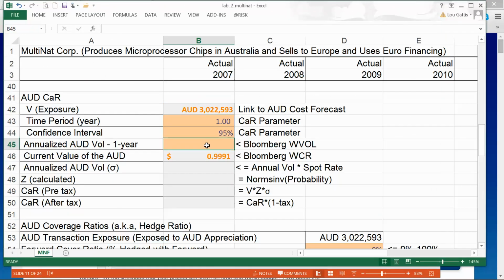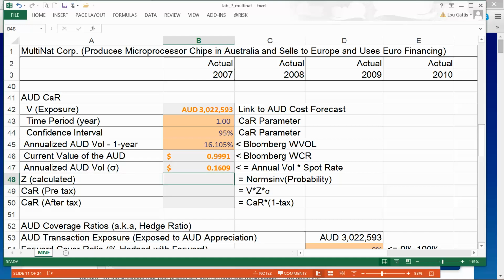So I'm going to plug that in, 0.16105. So if the volatility of the Australian dollar is 16% and the exchange rate is 99 cents, I can just take 16% of 99 cents and see that the annualized volatility of the Australian dollar is 16 cents.